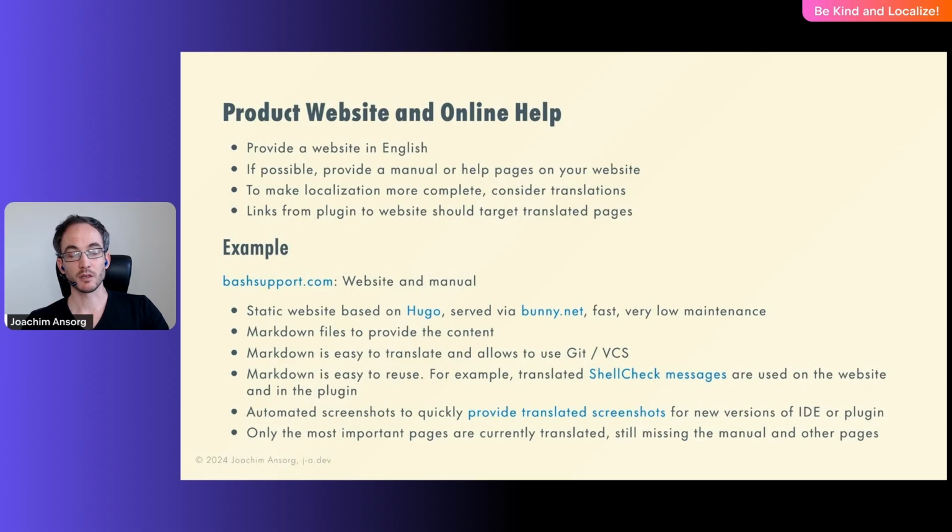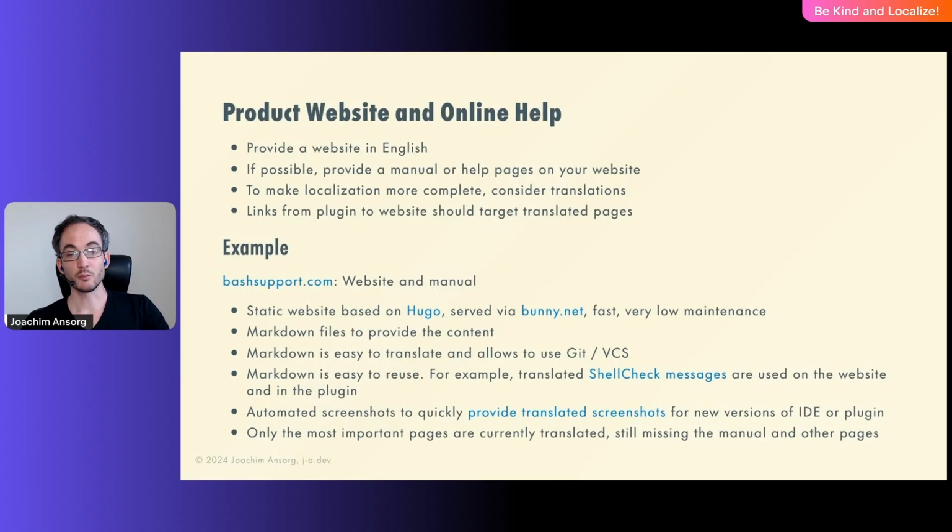I like it because I can use version control for that. I could reuse the Markdown created for my plugin on the website, and I also automated screenshots because it's very time consuming to provide screenshots in different languages. So that could take a lot of time. I'm glad I automated that.